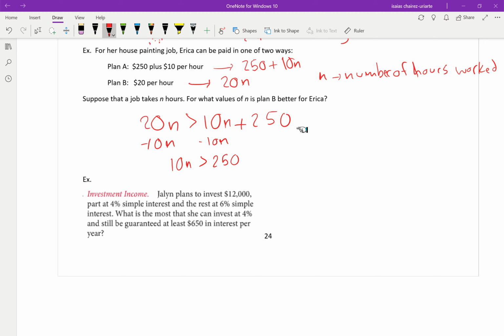Let me divide everything by 10. So then n is bigger than 25. So it turns out that plan B is better if Erica works more than 25 hours.